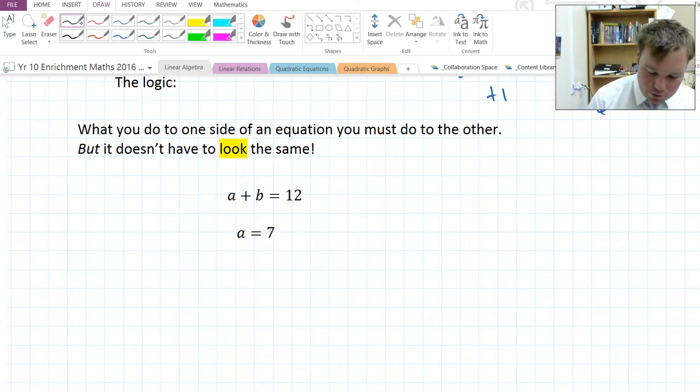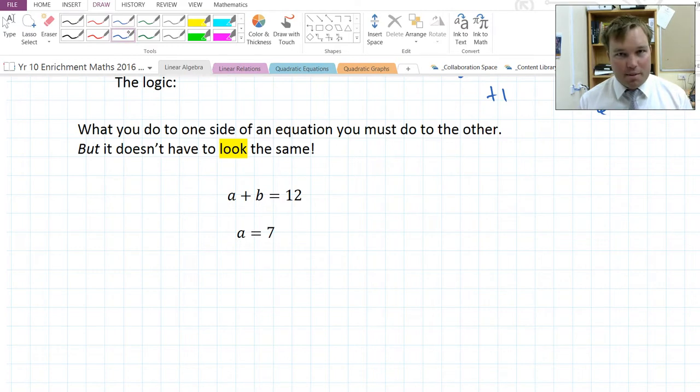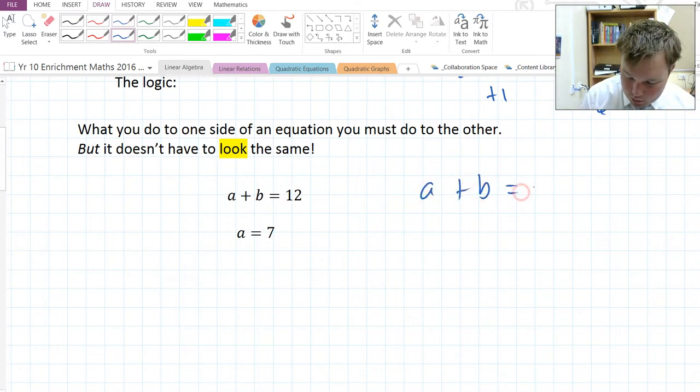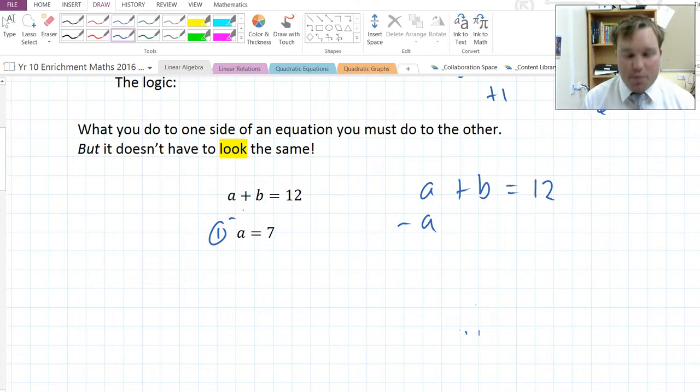But if we're going to solve this using the algebraic logic above of what we do to one side, we do to the other, but it doesn't have to look the same, I could write this. A plus b is equal to 12. And then I'm going to take a from this side. So I'm going to use this equation here and take that entire equation away from the first one. On the left-hand side, the equation's an a, so I'm taking the a away.